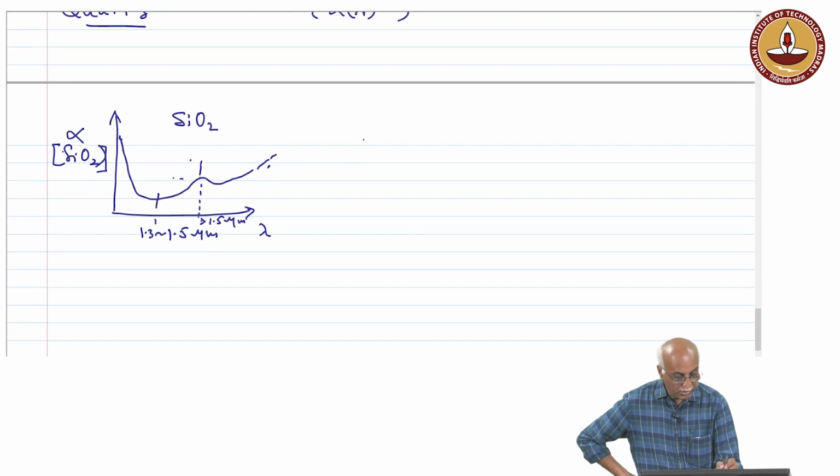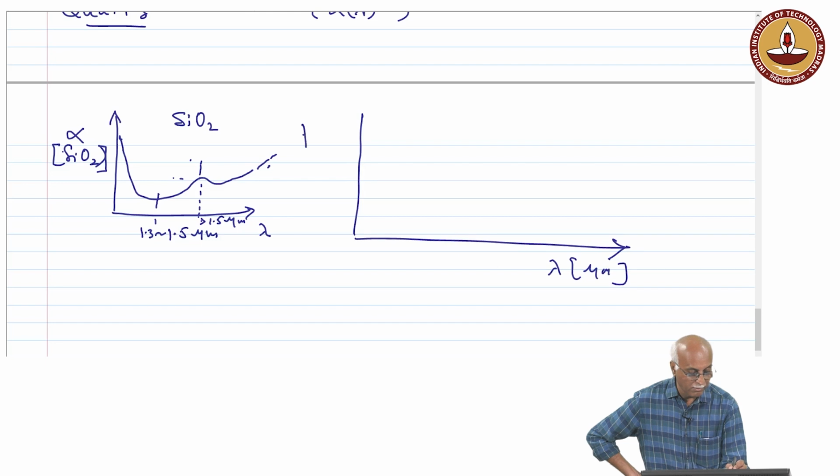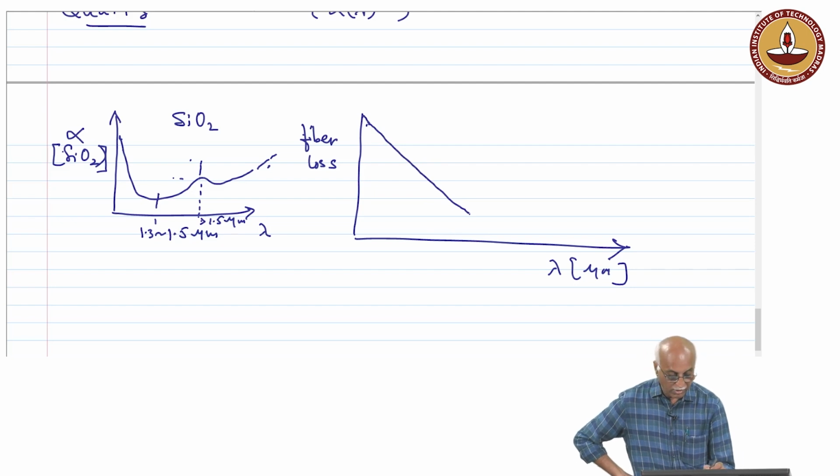So, if I show you in terms of lambda in micrometer and this is fiber loss, then as the wavelength increases, the fiber loss decreases due to Rayleigh scattering and due to the material, and then material absorption starts increasing.